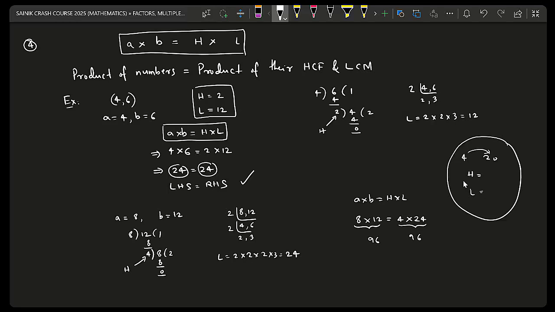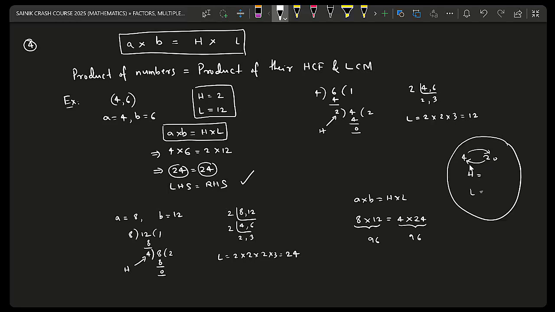Why no? 20 is divisible by 4 or not? Yes, sir. 4 fives are 20 or not? Yes, sir. 4 fives are 20. Then 4 is a factor of 20 or not? Yes, sir. Is 20 a multiple of 4?